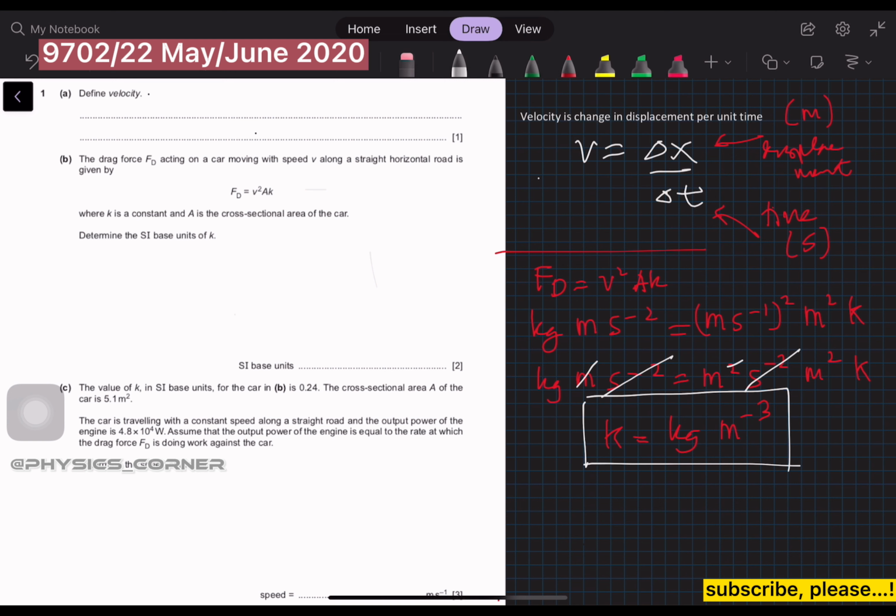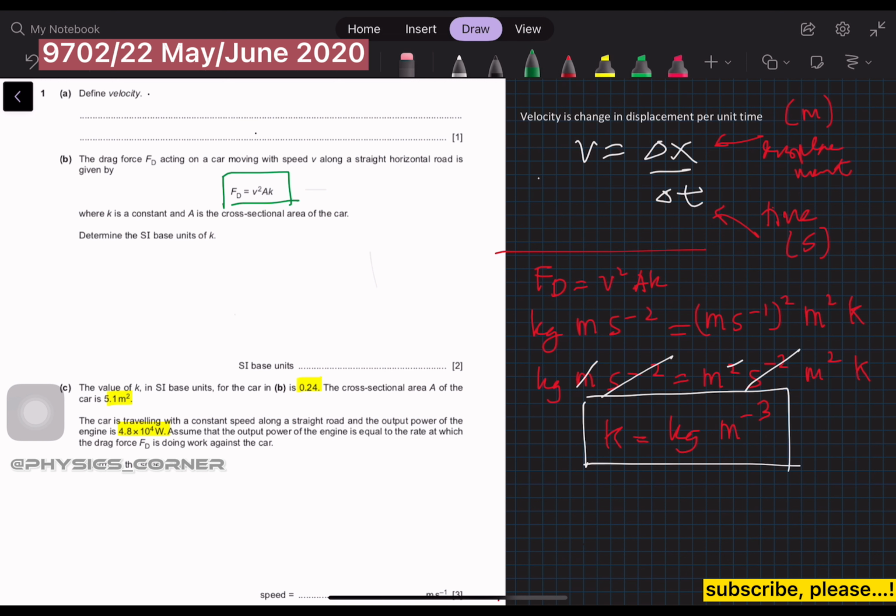So I think actually we only use this formula and find v. But we need to change it in terms of power. We have the constant 0.24 and A is 5.1.